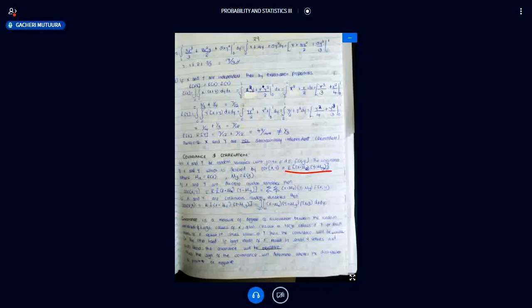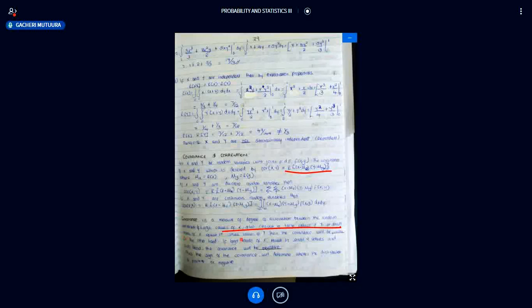So the covariance behaves in the same manner as the correlation coefficient. If the covariance is positive, then it means that both x and y are increasing in the same direction. That is, for large values of x, we have large values of y, and for small values of x, we have small values of y.